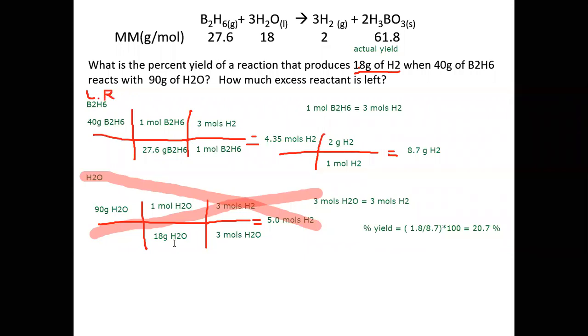Now to find the excess reactant, so here water is in excess. So we're going to see how much water was actually used. And then we can subtract it from the initial amount of water.